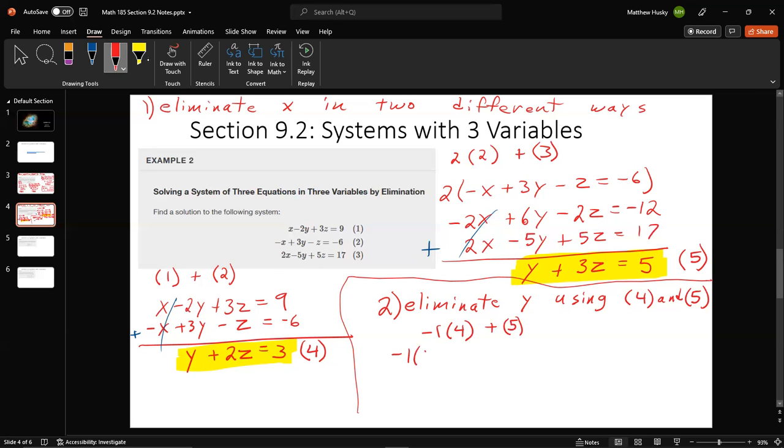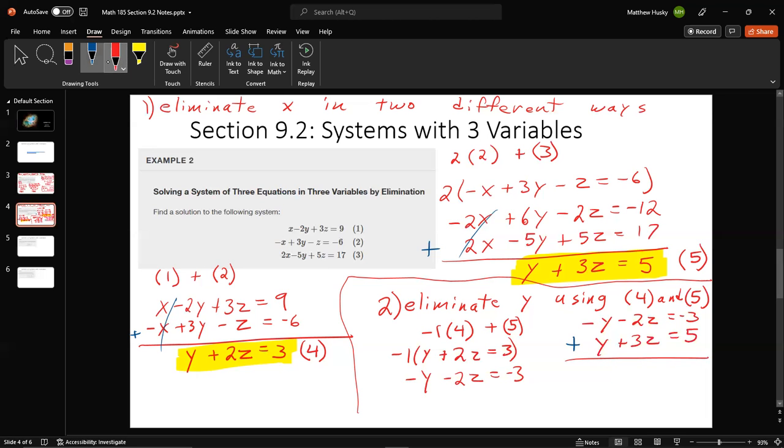So -1 times equation 4, that's y plus 2z equals 3. You multiply everything by -1, you get negative y minus 2z equals -3. And we're going to take that and combine it with equation 5, and that was y plus 3z equals 5. I'm going to add these equations here.